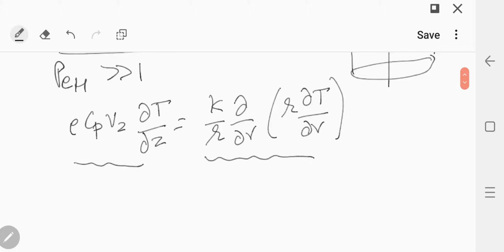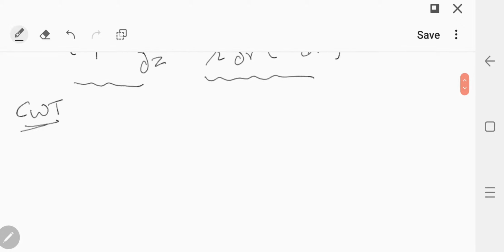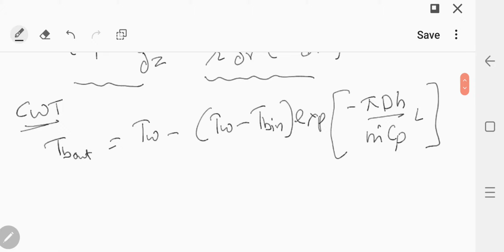Now the temperature distribution profile for constant wall temperature was Tb out equal to Tw minus (Tw minus Tb in) exponential of minus pi d h over m dot Cp into L, where Tb represents the bulk temperature, Tb in is the bulk temperature of the fluid at the inlet of the pipe, and Tb out is the bulk temperature of the fluid at the exit.